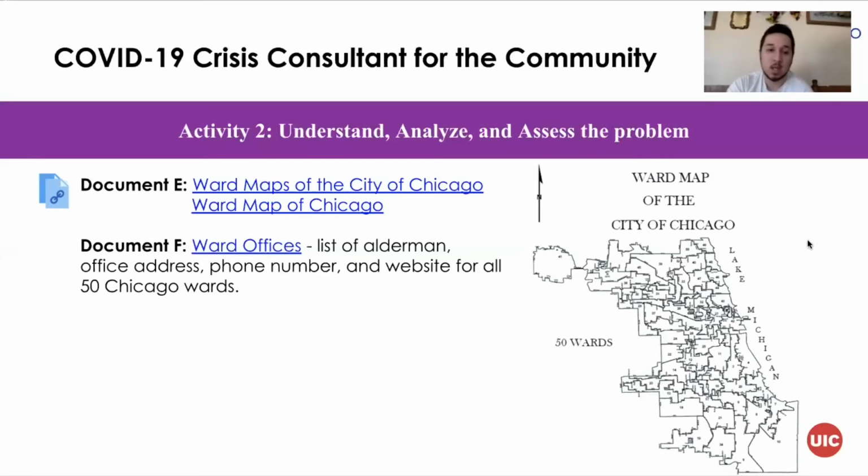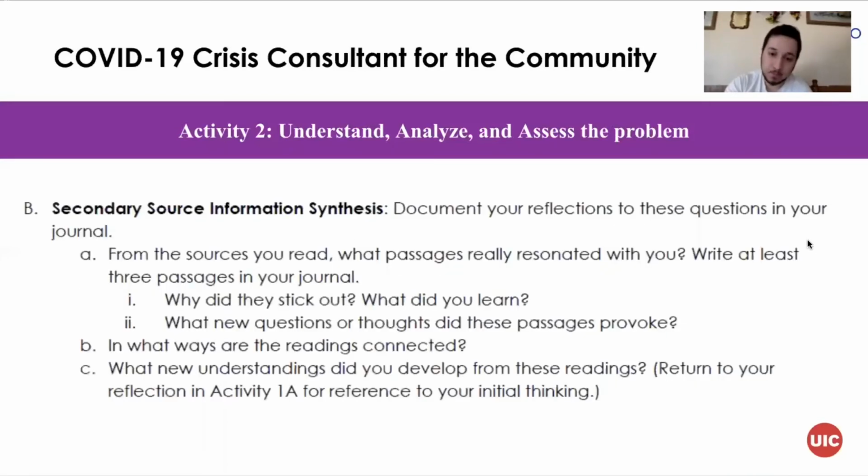On the next slide, we want you to reflect on all these documents that we've shared with you. Write 3 passages about what stuck out to you. What did you learn mostly?